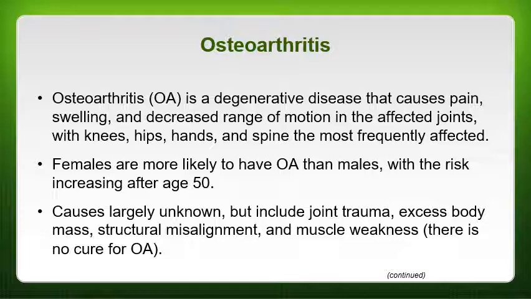Again, the causes are largely unknown, but usually through a history, when someone gets diagnosed with this, you either see or the person tells you about a prior joint trauma that happened, or they have some type of structural misalignment, which an individual would be able to see on an assessment. Improper loading patterns are a big problem associated with osteoarthritis too.